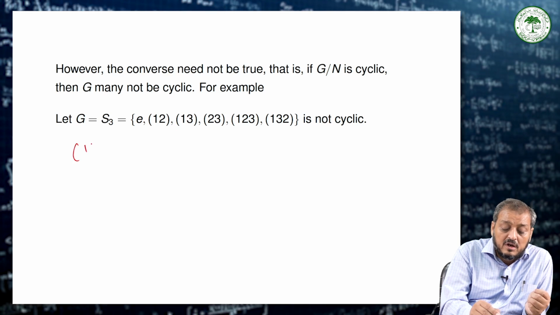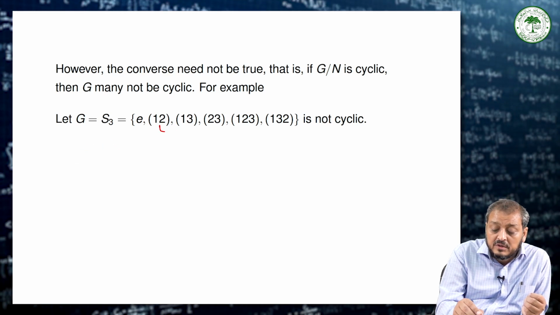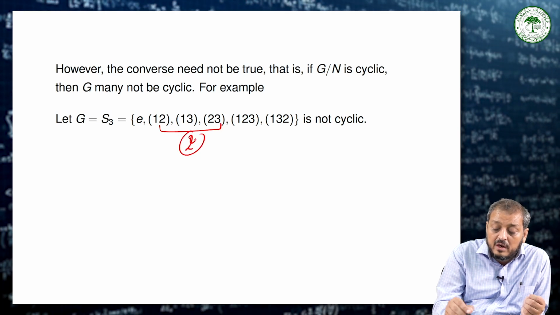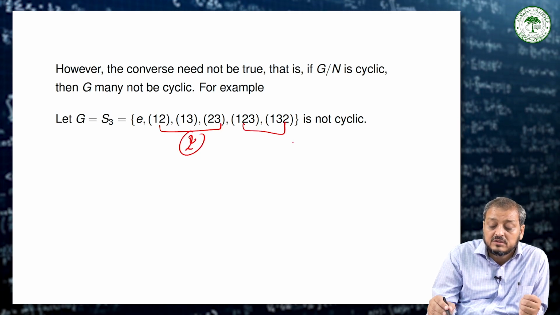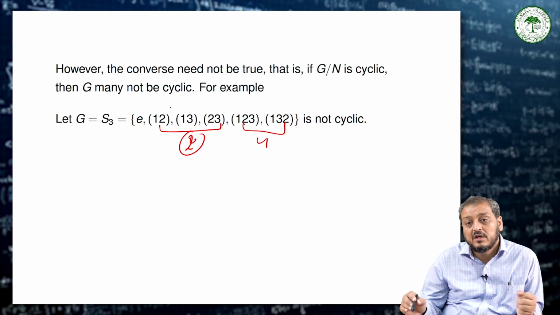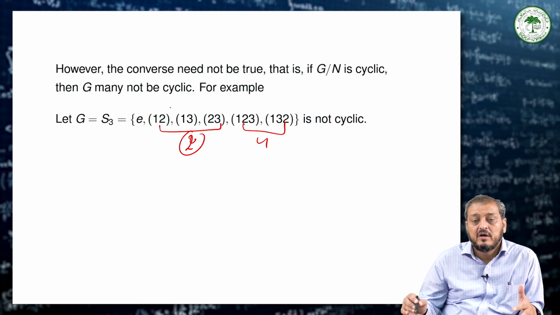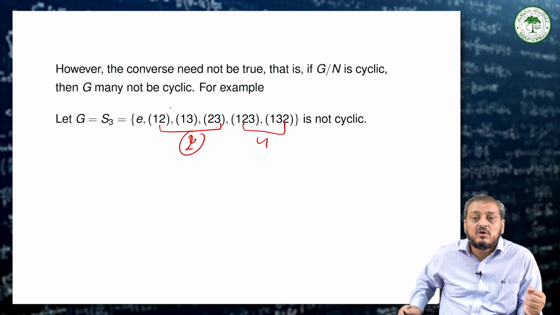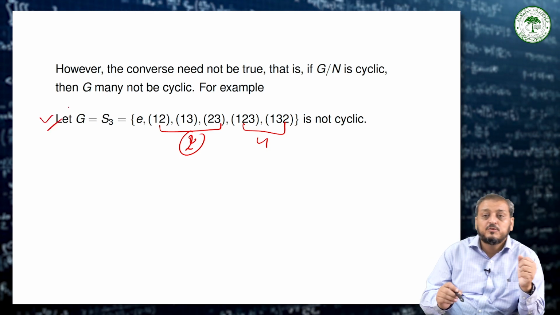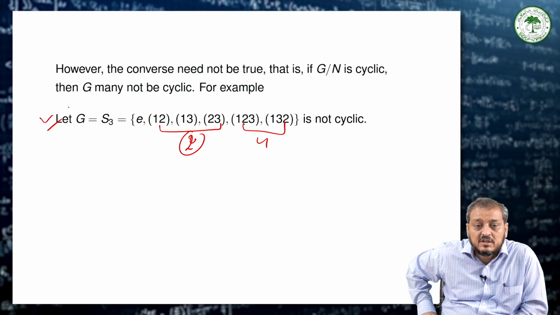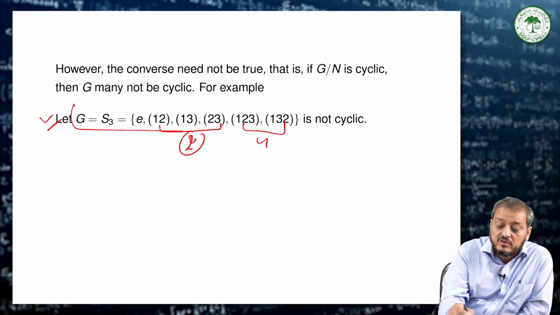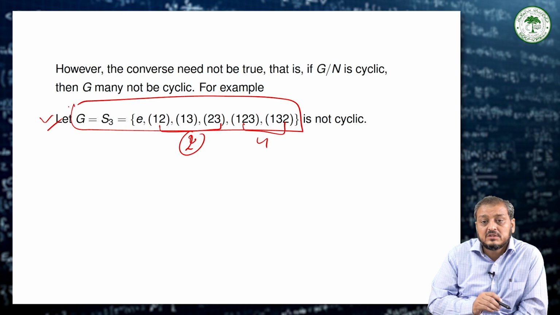You have to know that the order of these three elements is 2, and the order of these two elements is 3, and there does not exist any element of order 6. So clearly S3 is not a cyclic group. One thing is clear.